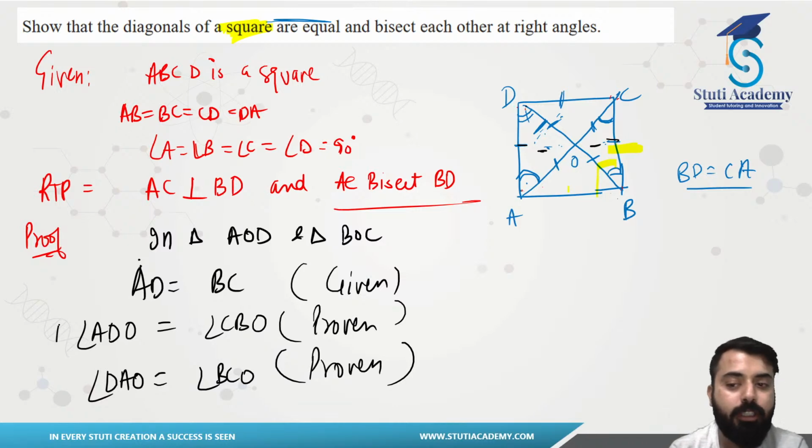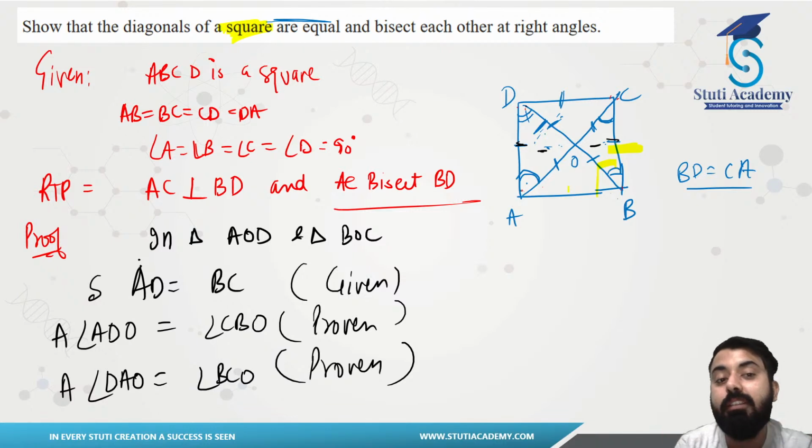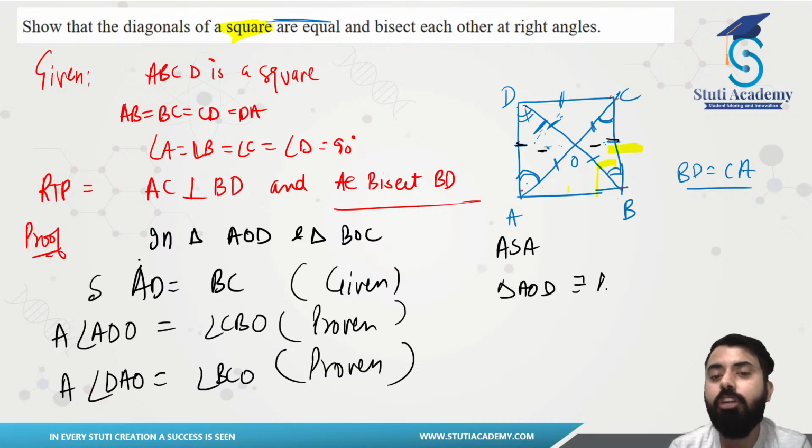So you guys see angle side angle. Don't get confused here. This is not side angle angle or angle angle side, because we have the common arm which is sharing both of the sides equal, both of the angles equal to the common arm which is sharing the other equal angles as well. So here we will be using angle side angle, and triangle AOD will be congruent to triangle BOC.